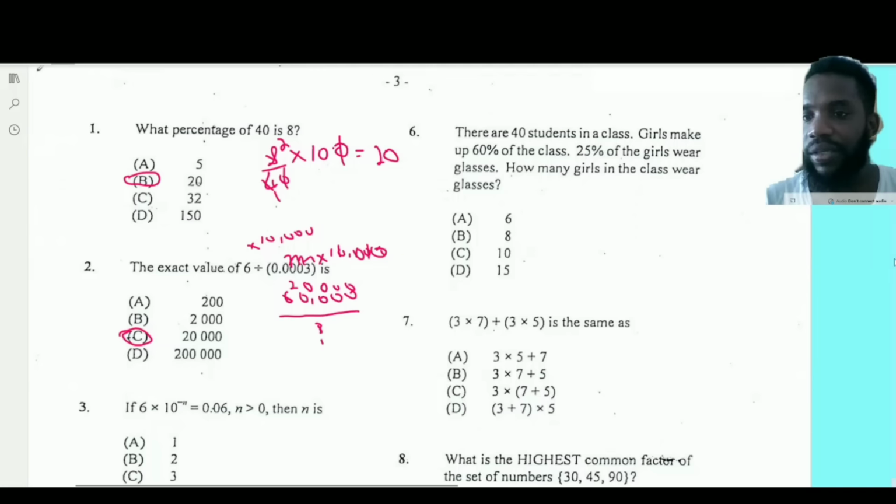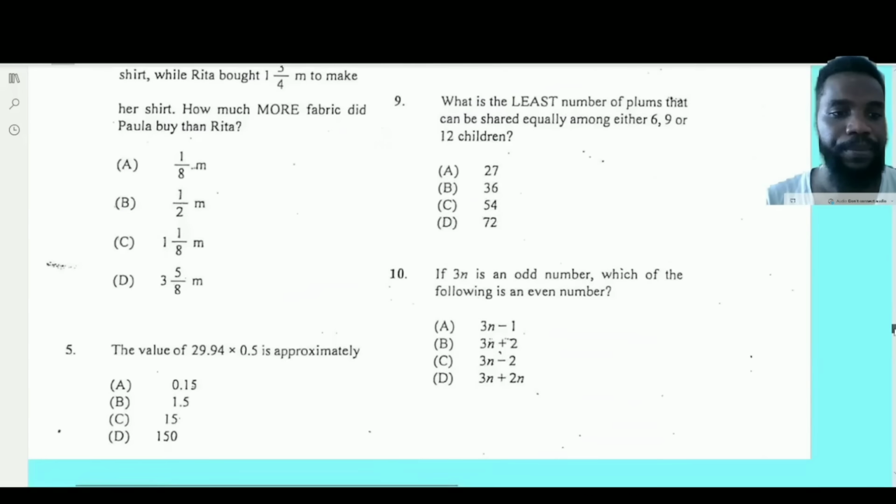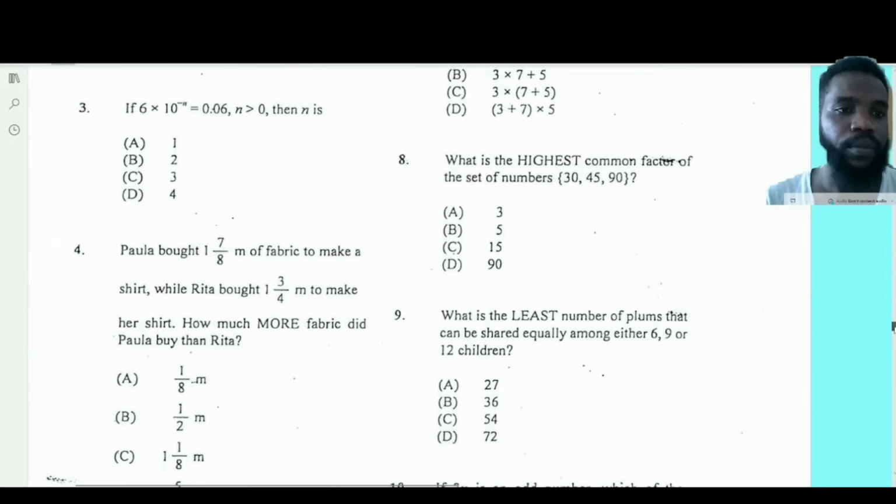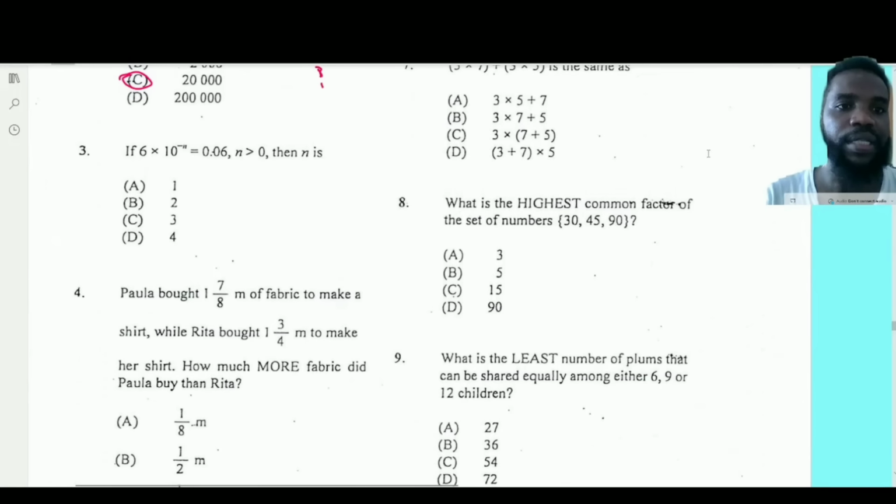Alright, let's take it down to question 3. Question 3 says 6 times 10 to the minus n is equal to 0.06. Now, once the power is negative, it indicates that the decimal would be moved to the left, as you can see with the 0.06. The n value is how many places to the left I would have moved.